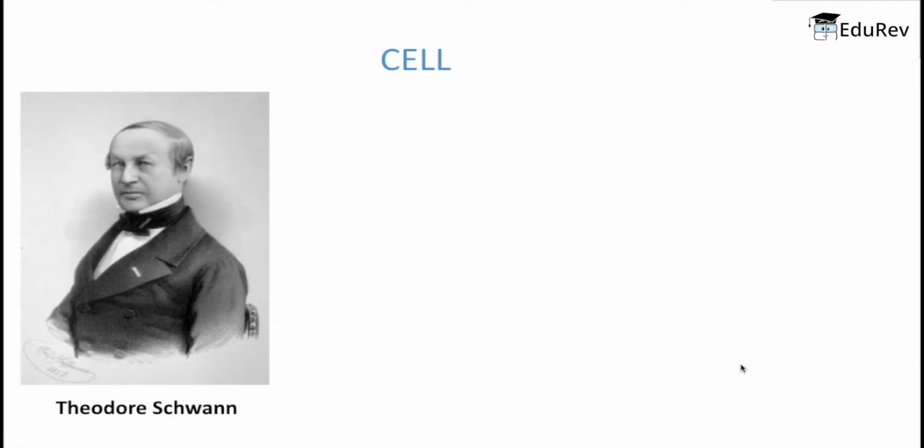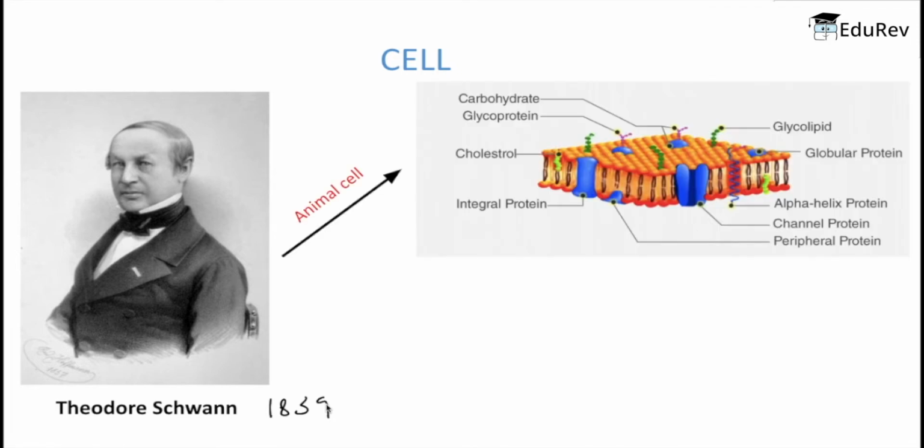A year later, in 1839, a British zoologist named Theodor Schwann examined different animal cells and found out that animal cells have a thin outer layer which we know as the cell membrane or the plasma membrane. Here in the first picture you see the whole structure, which we call the plasma membrane, and it was discovered by Theodor Schwann in 1839.